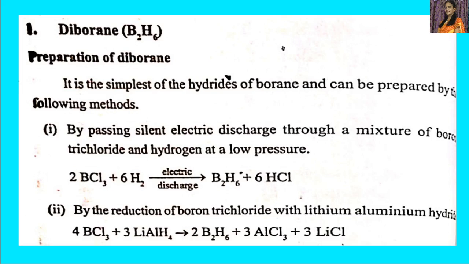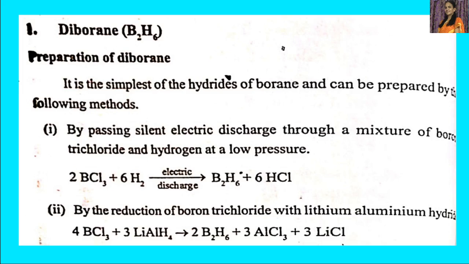So 2BCl3 plus 6H2, with electric discharge passed, gives diborane, B2H6, and the other product obtained is HCl. This is the first method, where diborane is obtained from BCl3 and hydrogen.